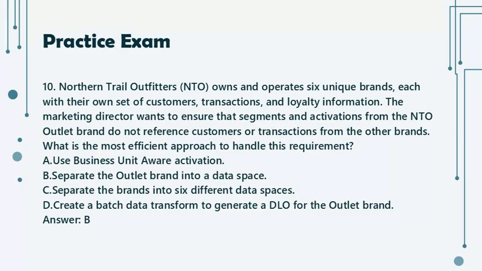A. Use business unit aware activation. B. Separate the outlet brand into a data space. C. Separate the brands into 6 different data spaces. D. Create a batch data transform to generate a DLO for the outlet brand. Answer: B.